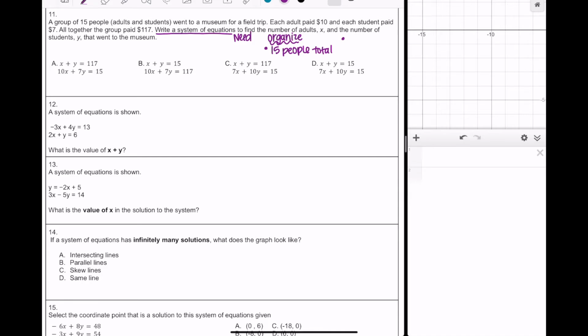Adults, which is X, is $10. Students, which is Y, costs $7. And the total amount of money was $117.